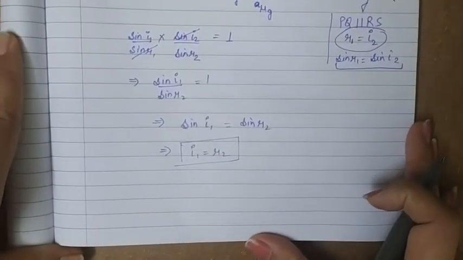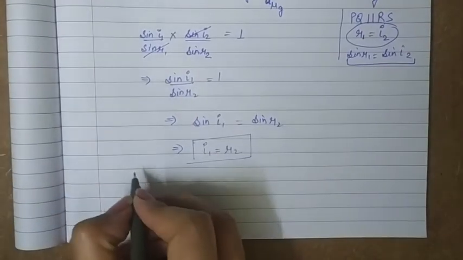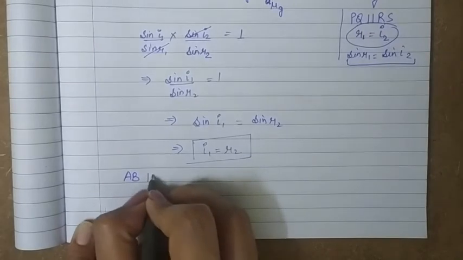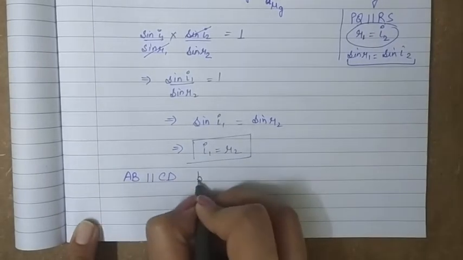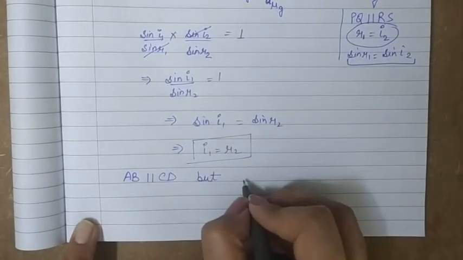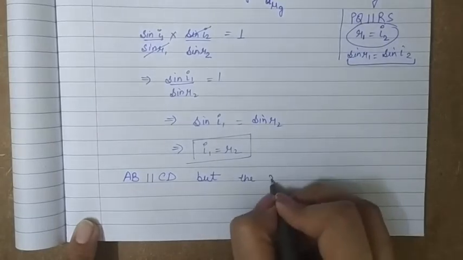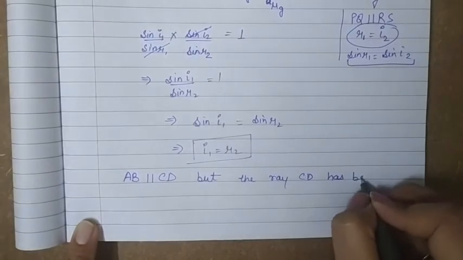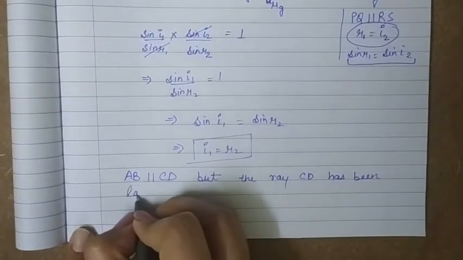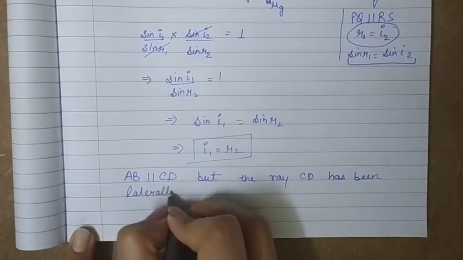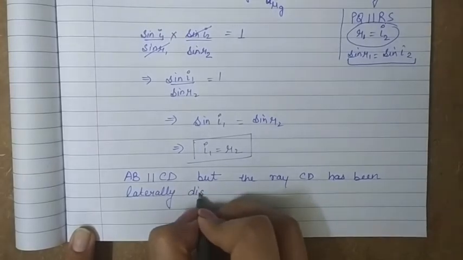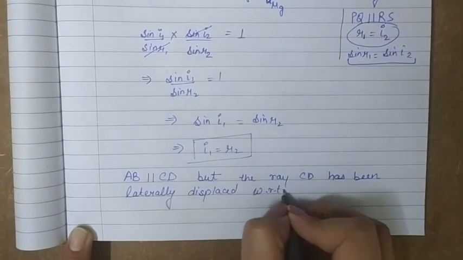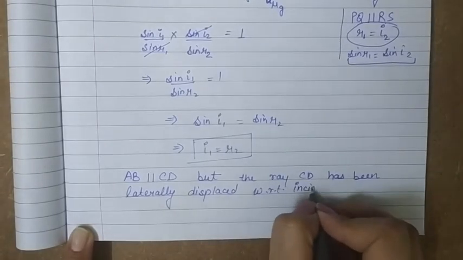So I1 is equal to R2 shows that AB is actually parallel to CD, but the ray CD has been laterally displaced with respect to the incident ray.